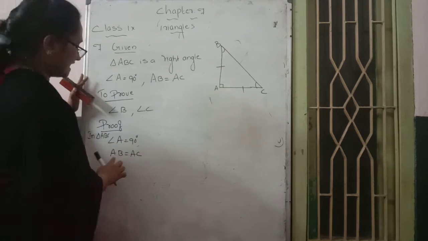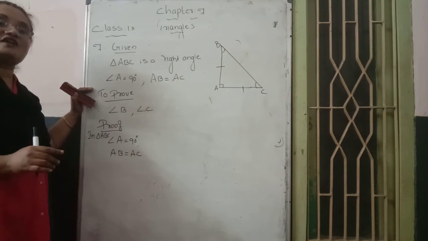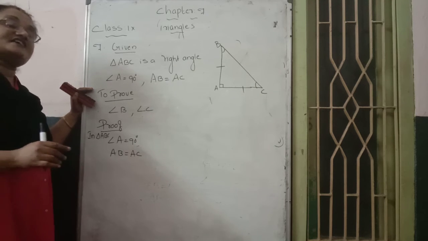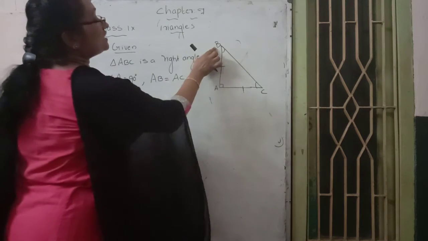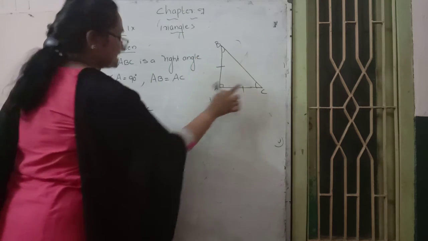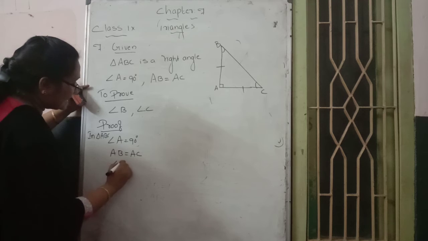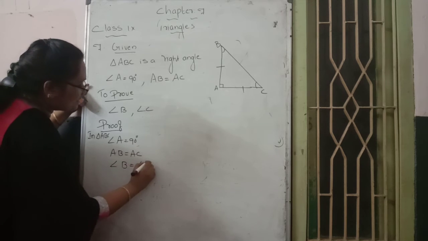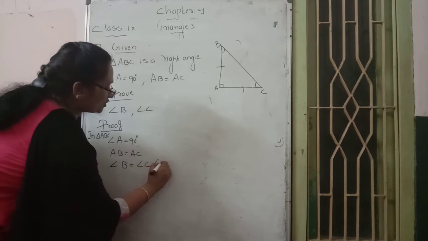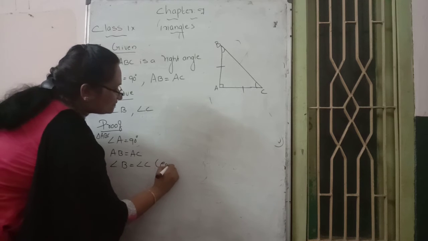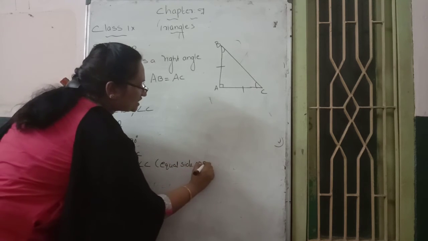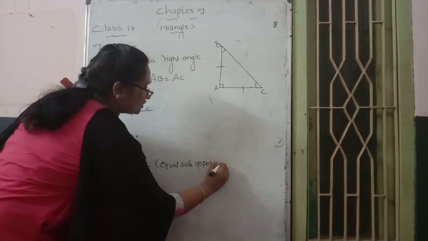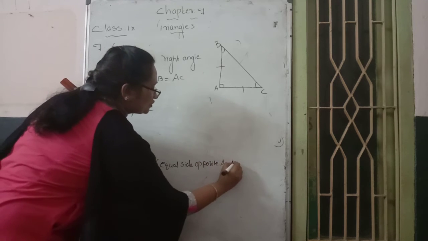Here AB and AC sides are equal, and the angles opposite the equal sides are equal. So we can write that angle B and angle C are equal. What is the reason? Angles opposite equal sides are equal.